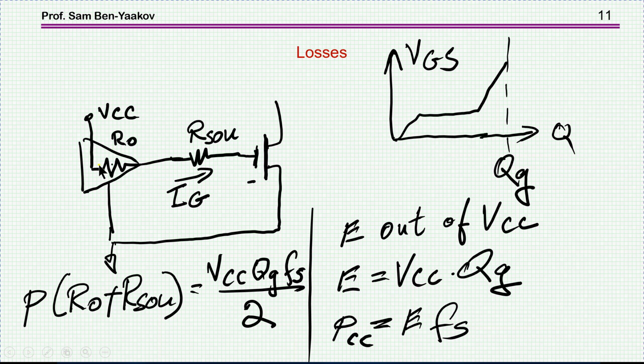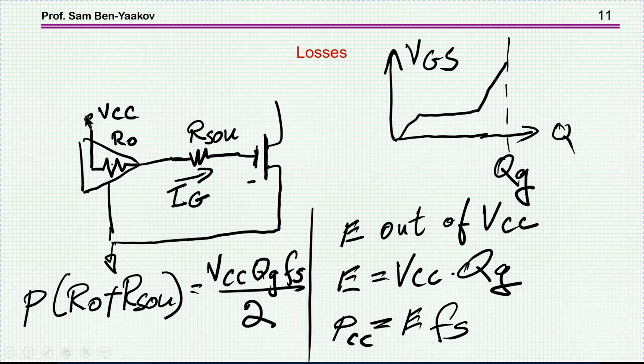Now the charging and discharging of the gate capacitances entails some power loss because current is passing through these resistors. As it turns out, and we know that when you charge or discharge a capacitor, of the total energy that you supply, half of it will be stored in the capacitor, and half of it will be dissipated in the resistor.